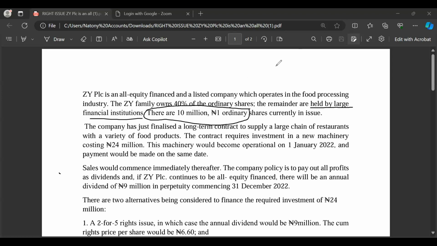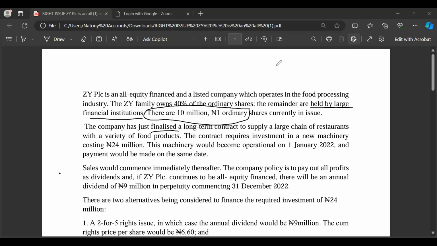The company has just finalized a long-term contract to supply a large chain of restaurants with a variety of food products.